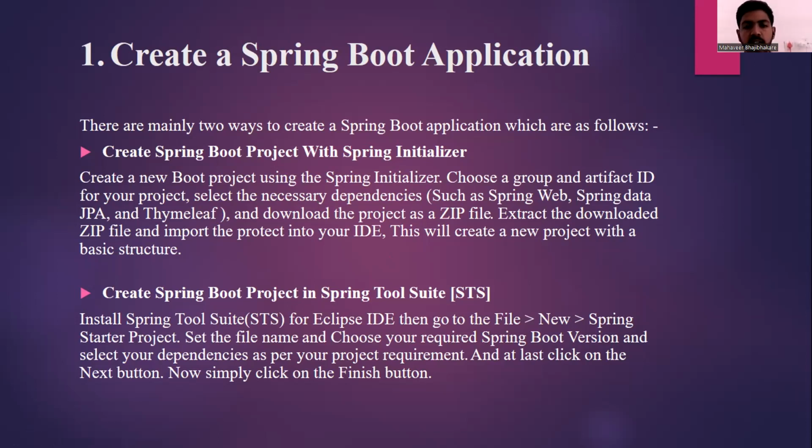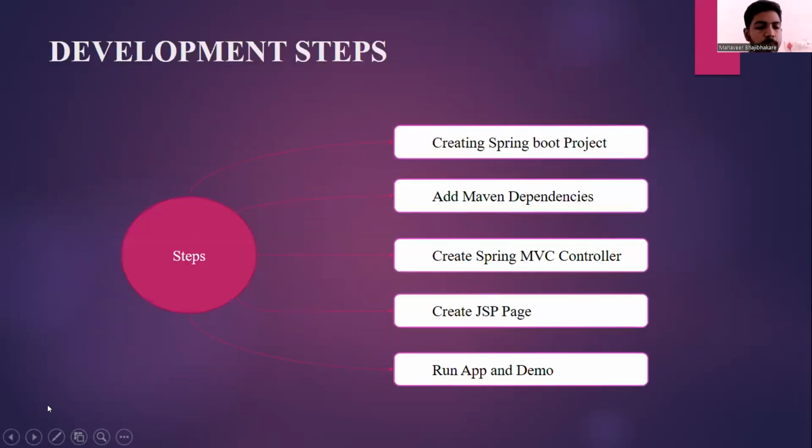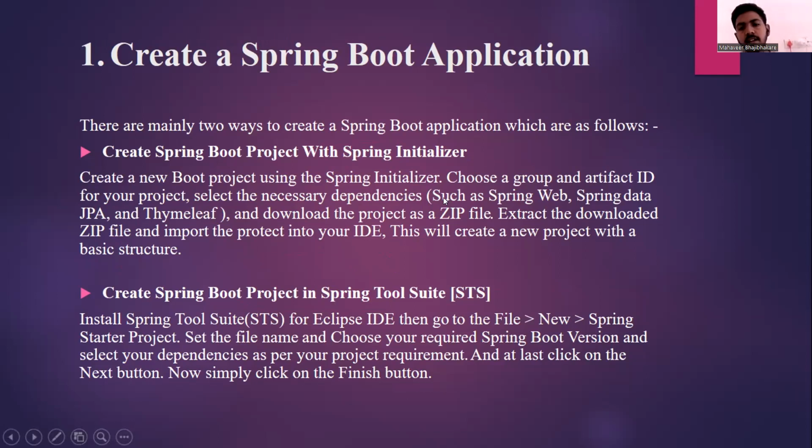In the Spring Initializr, we create a new Java web application by providing the necessary dependencies like Spring Web, Spring Data JPA, and Thymeleaf, and then we can download it in the form of a zip file, and we can extract it and create a new project.